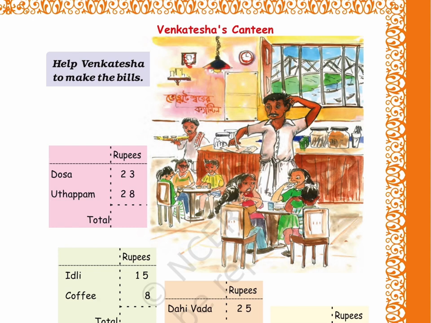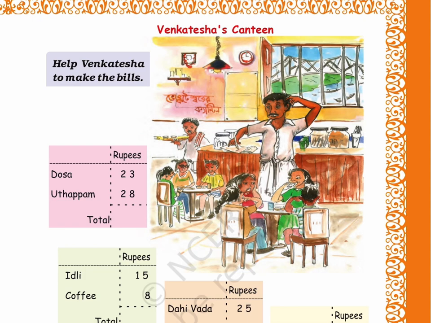Question. Help Venkatesh to make the bills. Bills are shown in the form of a table, where column 1 has food items and column 2 indicates cost, and also has space for writing the total amount. Let's read each bill. Bill 1. Dosa cost is rupees 23 and Uttapam cost is rupees 28.